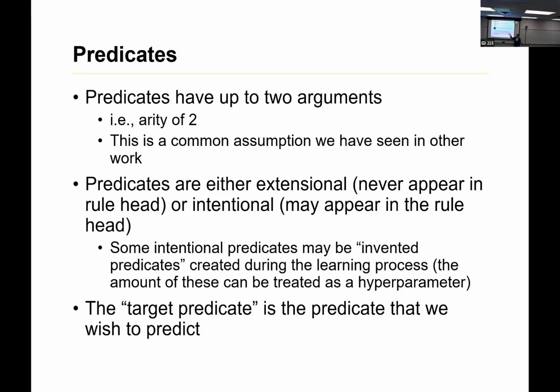I can have other intentional predicates that maybe I don't care if there's a little bit of inaccuracy in when those things are concluded, provided that the target is properly concluded. And you could imagine cases like this where maybe there's some intermediate intentional predicates that in some samples I observe, maybe others I don't. And I want to consider it when that information is there, but I don't necessarily need to include it in the loss.